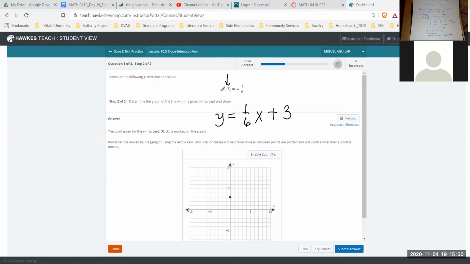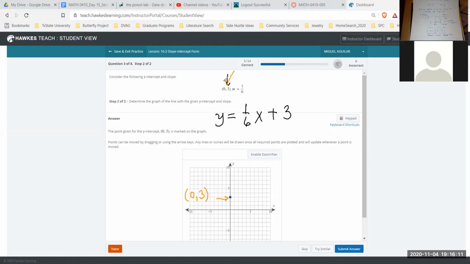And that's really nice because they plotted this first point in the graph at 0, 3. So they've already given us the y-intercept right here at 0, 3.